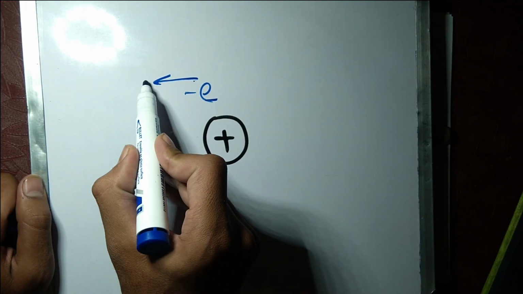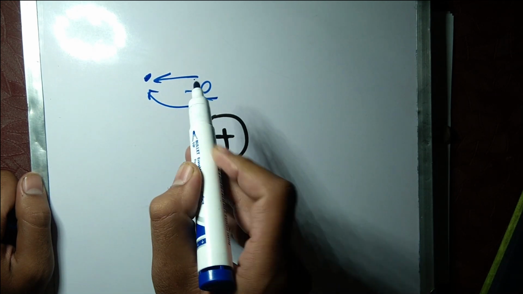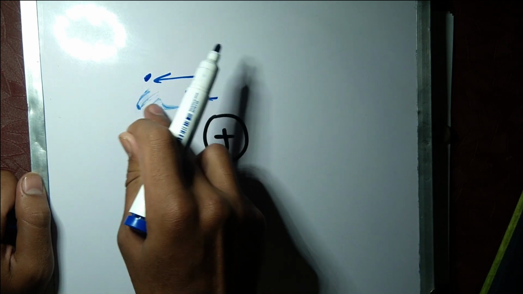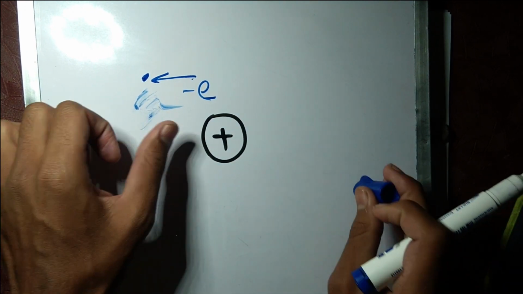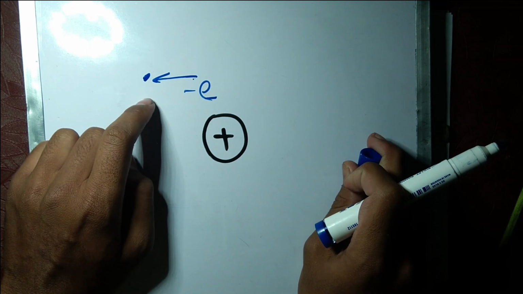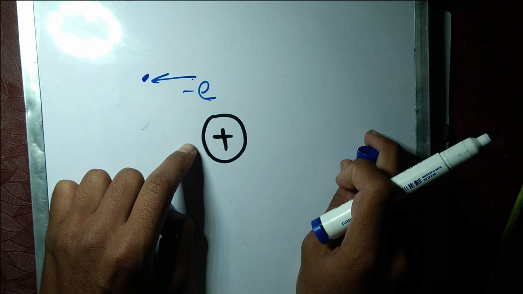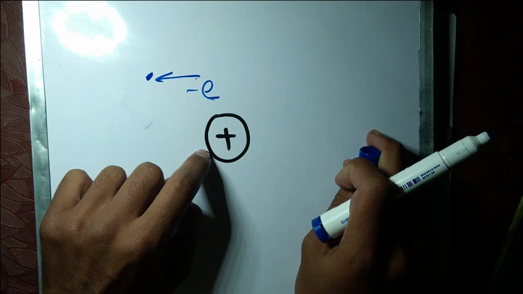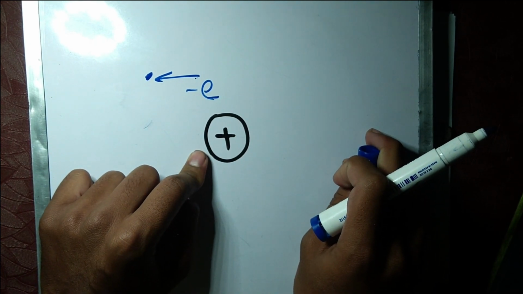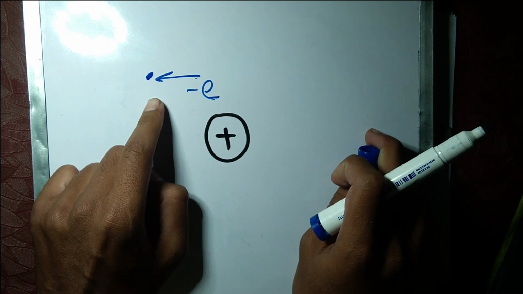When it goes from this point to this point, what happens? It consumes all of its thermal energy, but now the magnitude of the Coulomb interaction between this charge and this particle is more than its thermal energy.